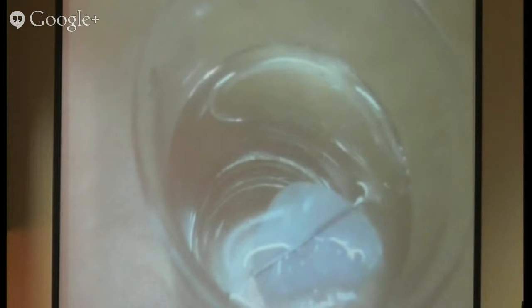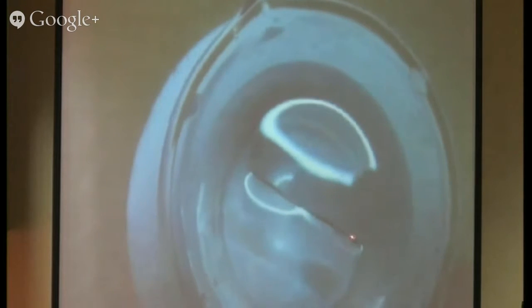And you will notice that if I keep the surface undisturbed, this steel pin keeps on floating on it. Continue this. Now look at this. The paper has gone inside and this is floating.